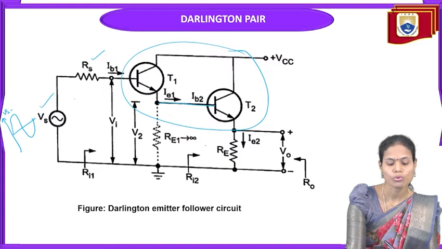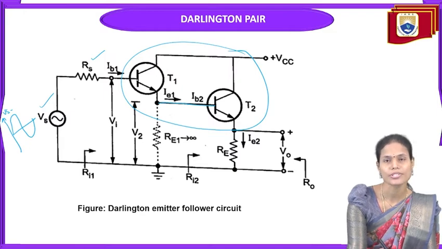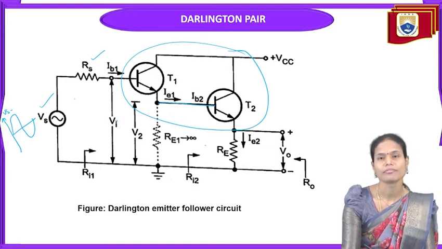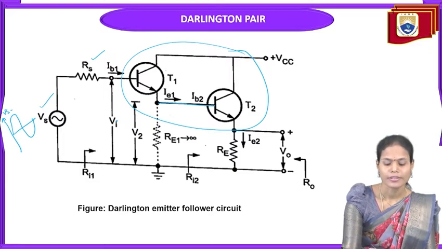Because of this voltage through the source resistance Rs, the current Ib1 flows through the base terminal of the first transistor, and the input voltage developed across this first transistor we are taking here as Vi, and the output current of this transistor we have taken as IE1.